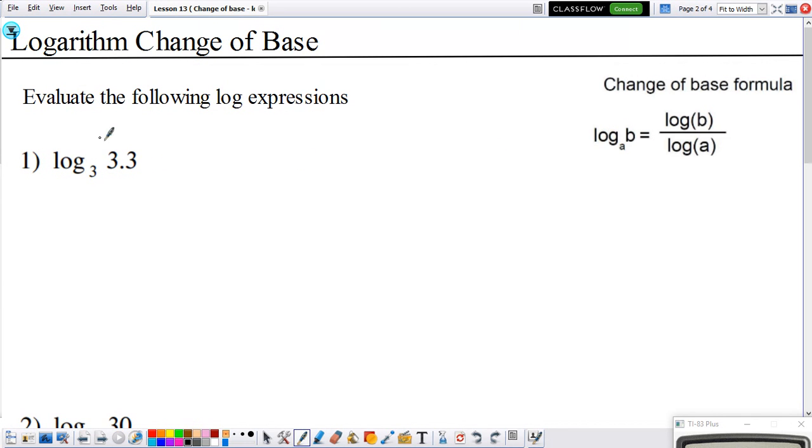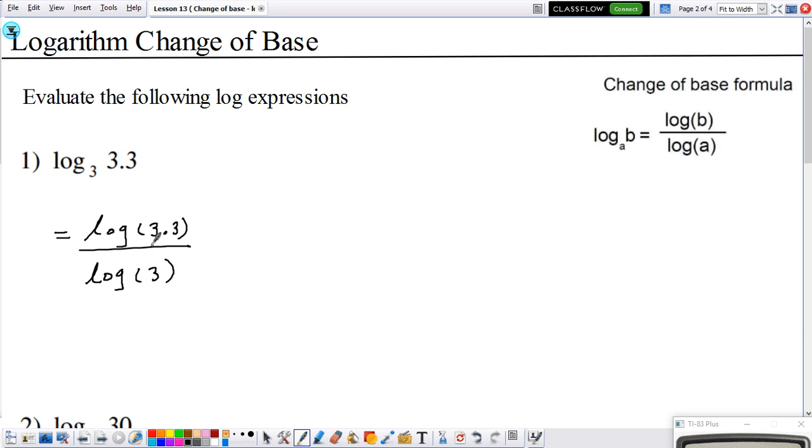So this expression, log base 3 of 3.3, is the same as log of the top, which is 3.3, divided by log of the base, which is just 3.